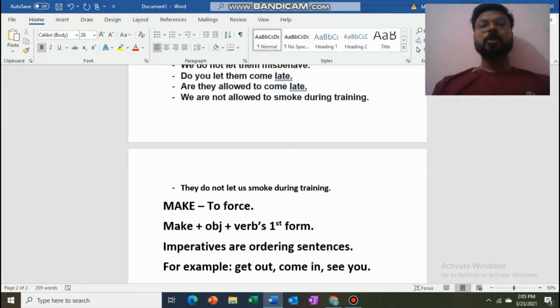So these are called imperative sentences, right? These are not specifically ordering, but these are like 2-word or 3-word sentences which are incomplete from grammar, but they give the complete meanings. Okay, so here we have this part, imperatives.